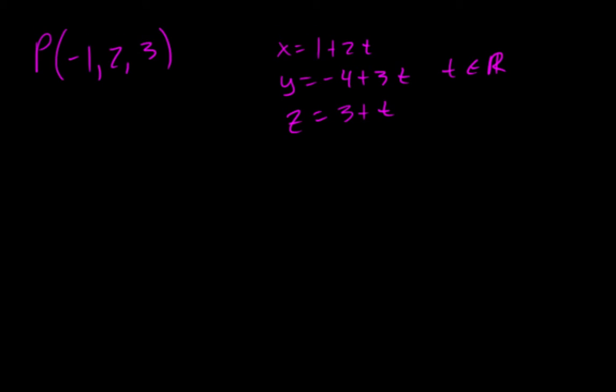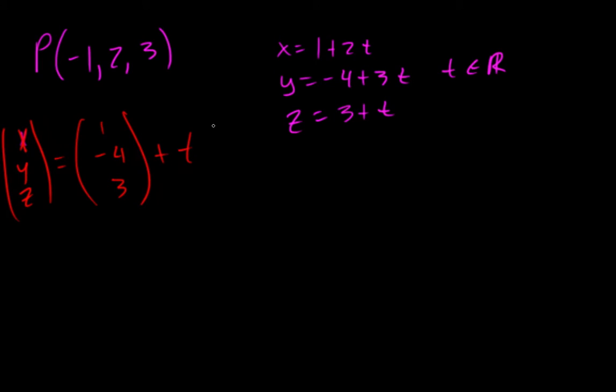So the first thing I'm going to do is put this in vector equation form. So the constants, 1, -4, 3, then we have t, then the t value is 2, 3, 1. When we do that, we can see that we have our direction vector, and that's equal to this.